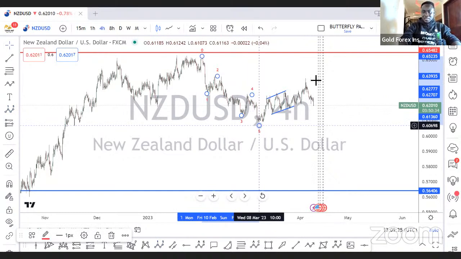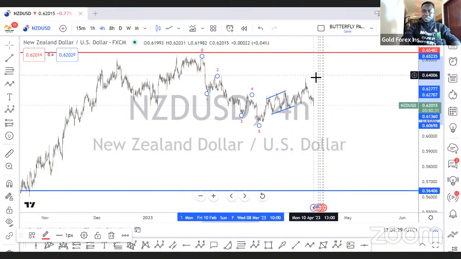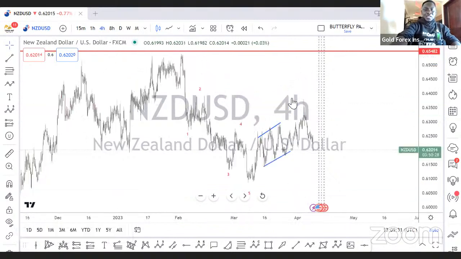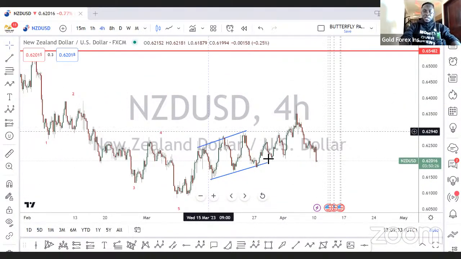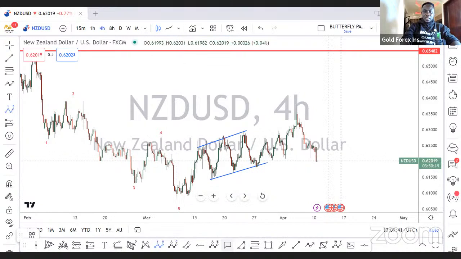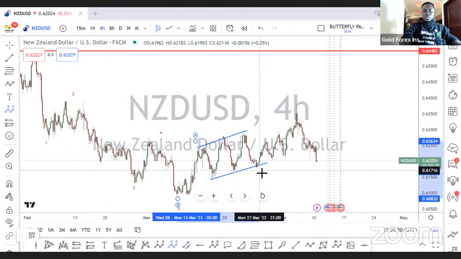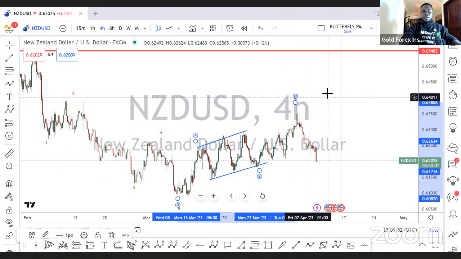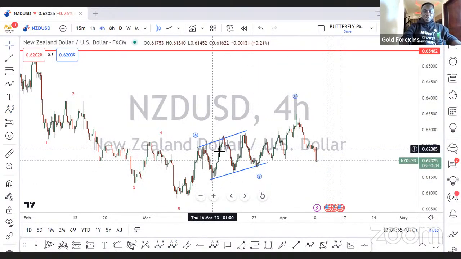Now, this is an ABC correction, but there was an alternation in the wave B. So that means this whole move was, let's take it as a WXY. It's an ABC correction, but with alternations. So it's an A, B, C, but the B alternated with a triangle.